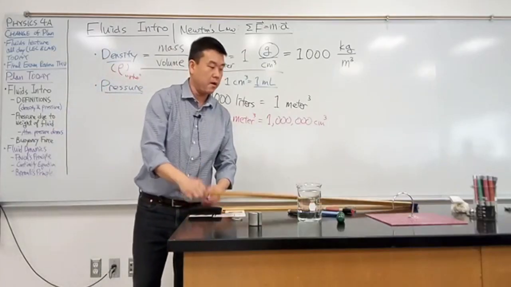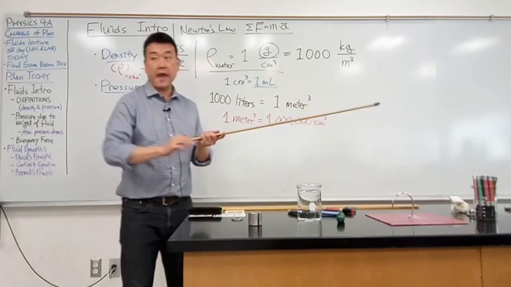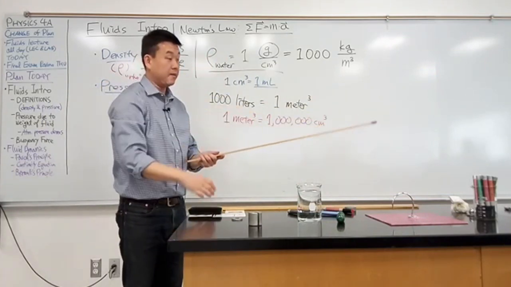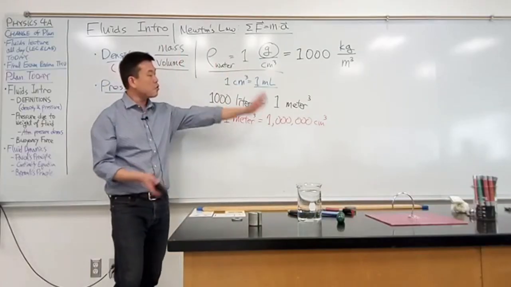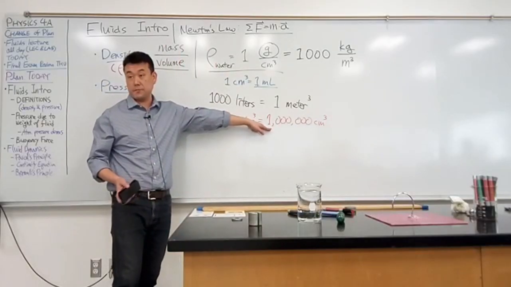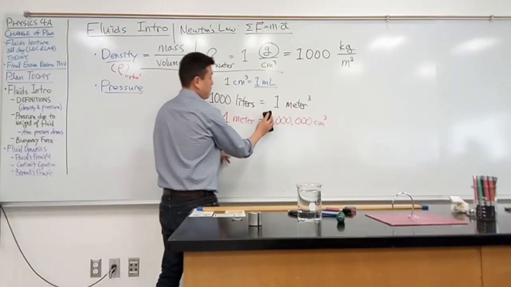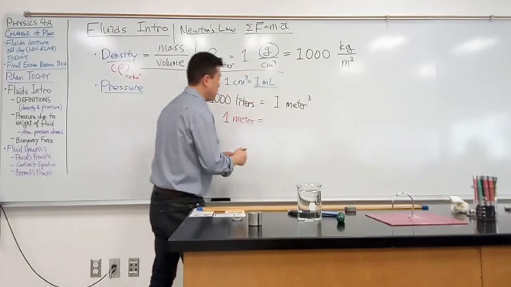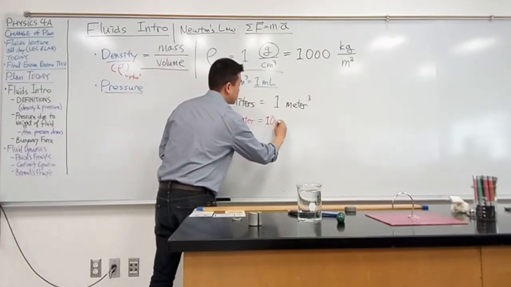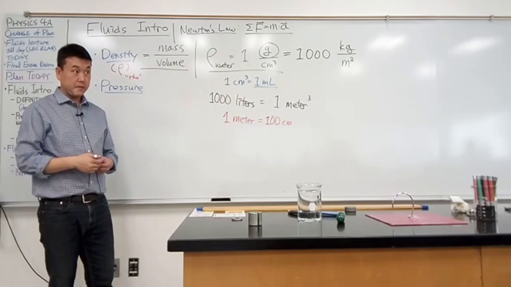How length scales is different from how an area scales, and it's also different from how a volume scales. So for those of you where this number looks big, it's because you are thinking of 1 meter, that's not 1,000,000 centimeters. 1 meter is only 100 centimeters. That's what you are remembering, right?